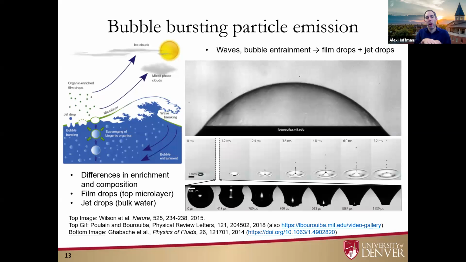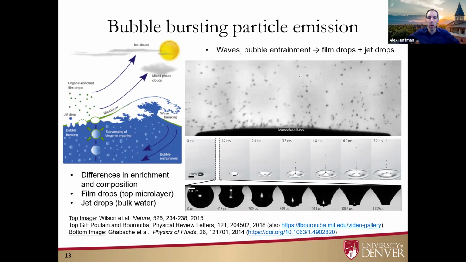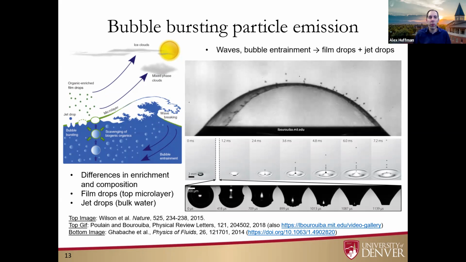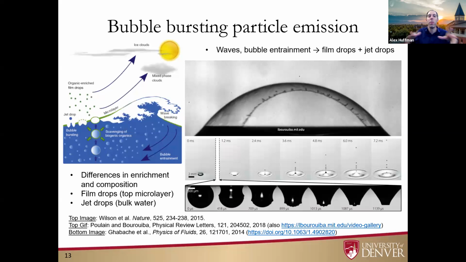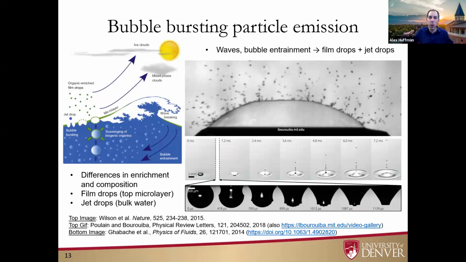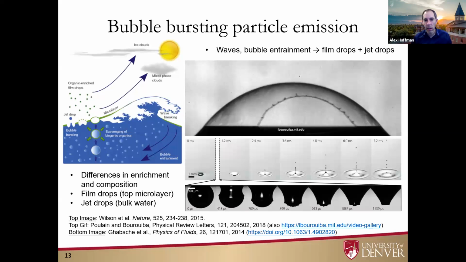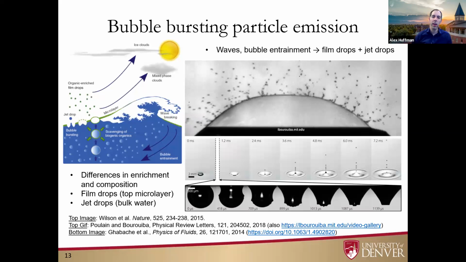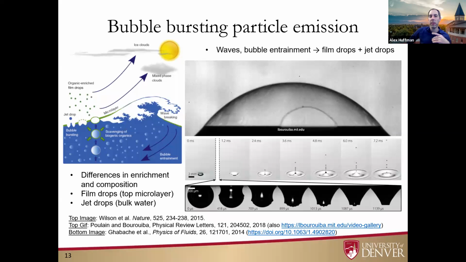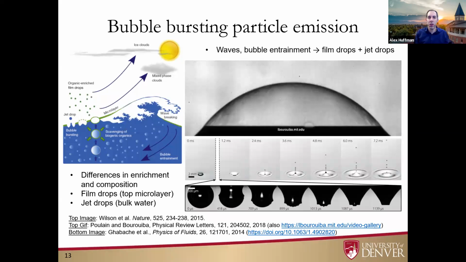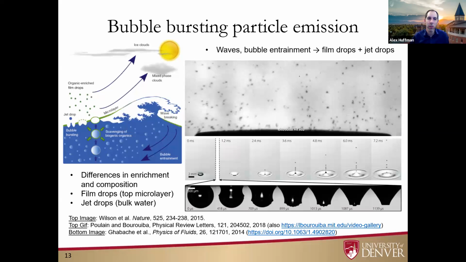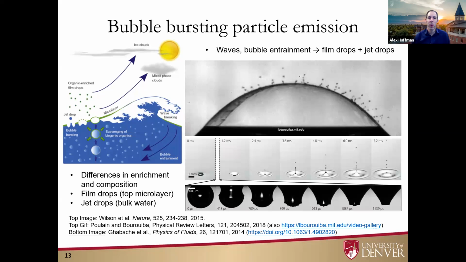But if you have biological particles on the surface of a water body, whether it be the ocean or a lake, and you have bubbles form, as shown on this left side, we have waves crashing, makes bubbles, and then when the bubble forms, the films break up, and now whatever was on the film is now in the air. There's various different processes. You can get into microphysics of what's taking place here, but bubbles that are entrained allow biological particles to be emitted into the atmosphere from water surfaces.